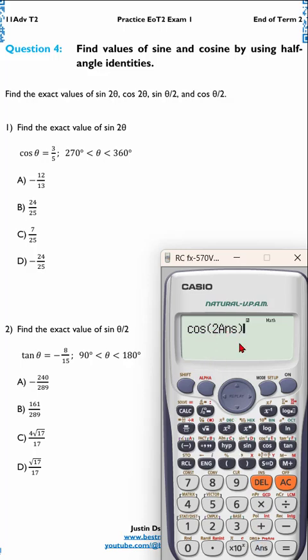It will automatically be understood as multiplication. And you can see the answer is minus 7 by 25. There's no answer over here, because they have told us to find sine 2 theta. And we can find half angle identities, but we have to use the formula. So we will do that next.